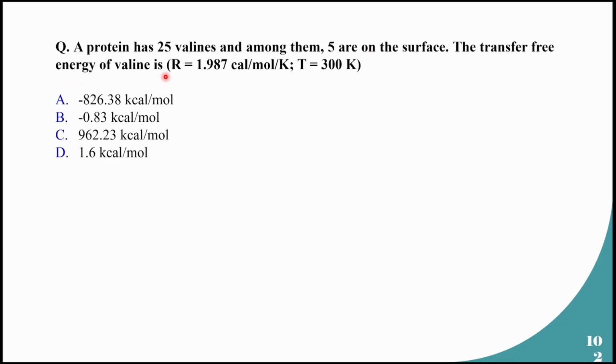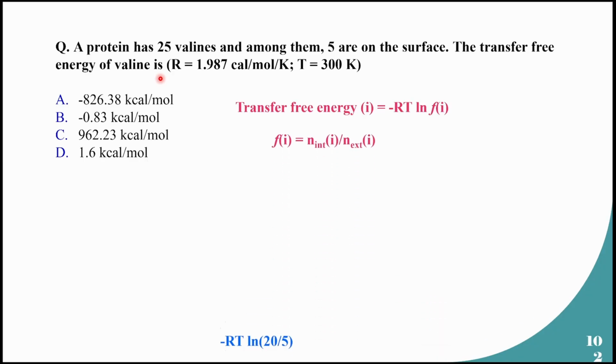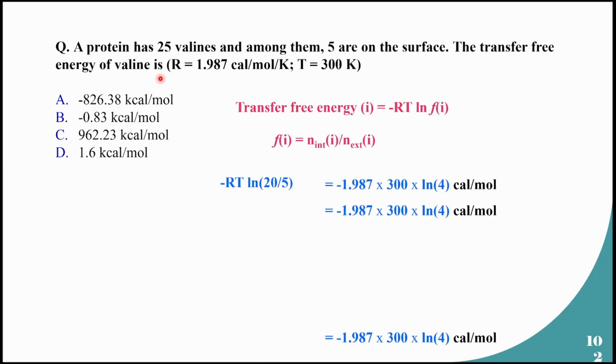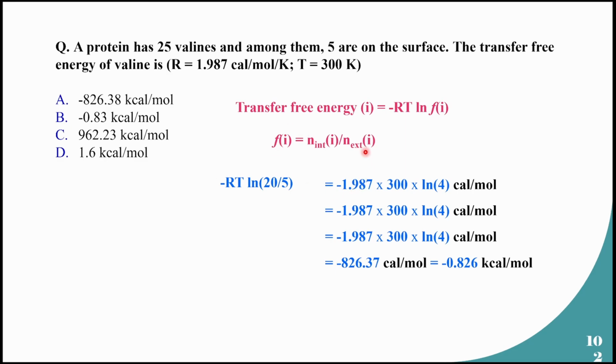Now you are asking for the transfer free energy of valine. Transfer free energy in this case is how much energy is needed to transfer something from one environment to another. How do you do it? As Professor Kumiha had given in the example, you use the formula for transfer free energy, where minus RT ln f of I is given, and f of I will be the number of this particular amino acid in an interior or buried position divided by the number of this particular amino acid in an exterior or surface exposed position.